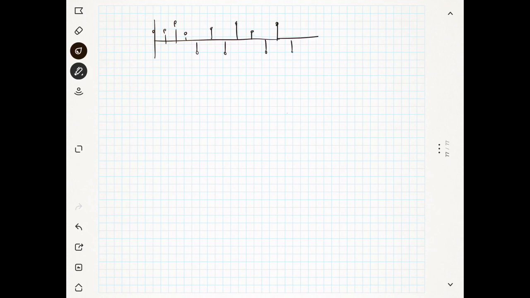The continuous distribution I will discuss later, and there I will discuss the continuous time noise signal also. So this goes up to infinity. Now this is your random variable x. It can take any values. Let's say it takes the values x1, x2, x3, x4, x5, and so on.